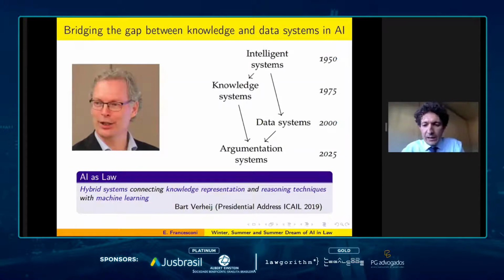In ICAIL 2019, our former president, Bart Verheij, identified a target in 2025 as the date by which we could bridge the gap between knowledge systems and data systems in AI.